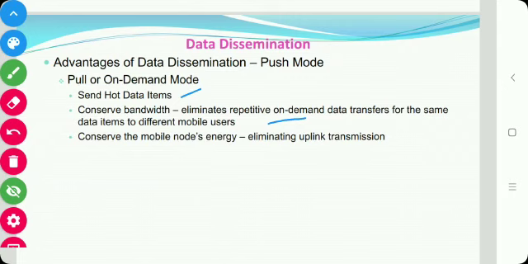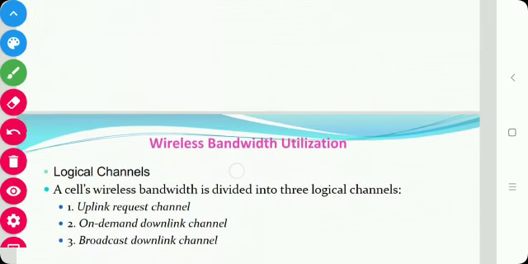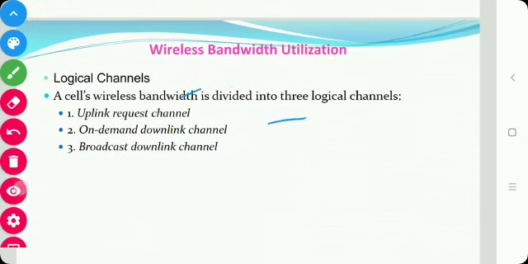It also conserves the mobile node's energy by eliminating the energy consuming uplink transmission. In push mode we do not have to send the request. We can see that our bandwidth is divided into three: uplink request channel, on demand downlink channel, and broadcast downlink channel.